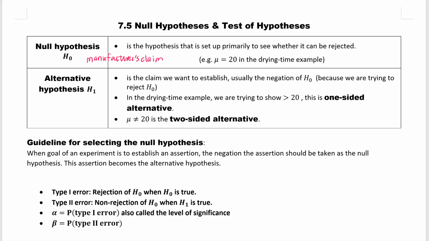What makes us not happy is when mu is greater than 20. So that's why I would usually say the alternative hypothesis is something that makes you unhappy.